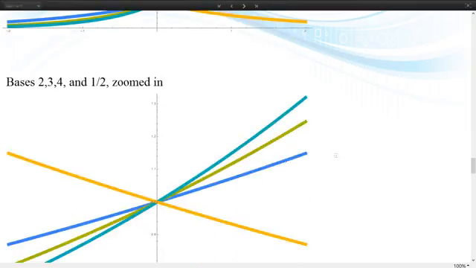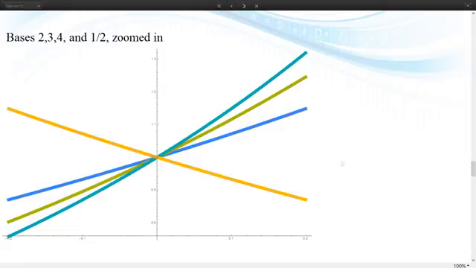If we zoom in on these, zooming in close enough, the graph of the function is going to look like the graph of the tangent line. That's why we can use tangent lines to approximate curves when we have a small enough region that we're looking at. So here are the graphs of the functions. It's, again, equivalent to looking at the graphs of the tangent lines at this scale.